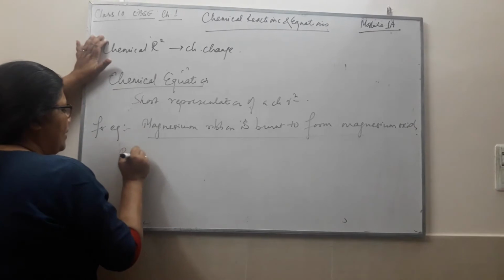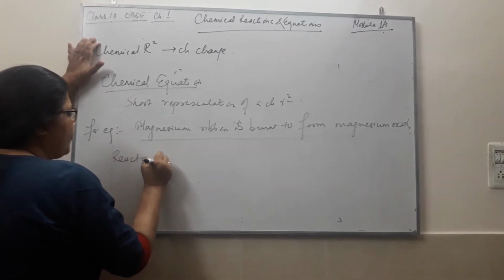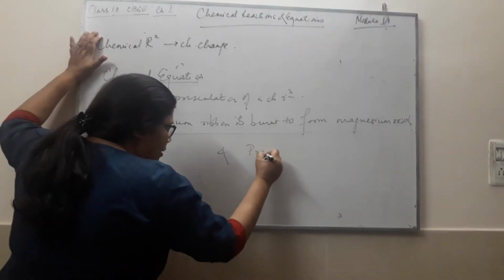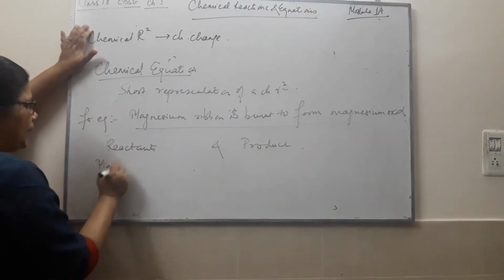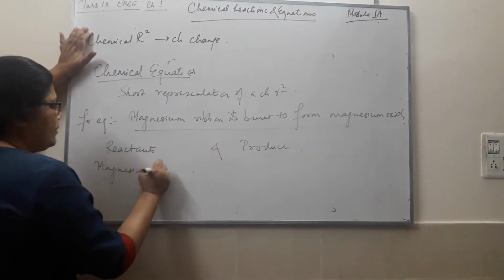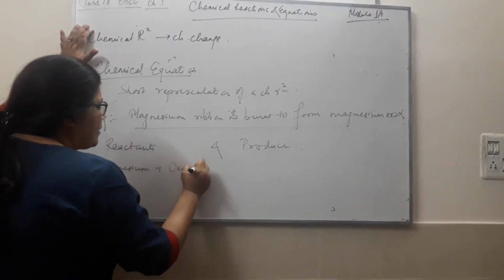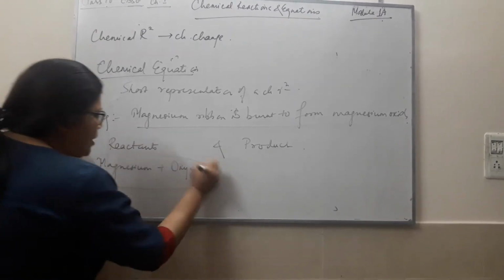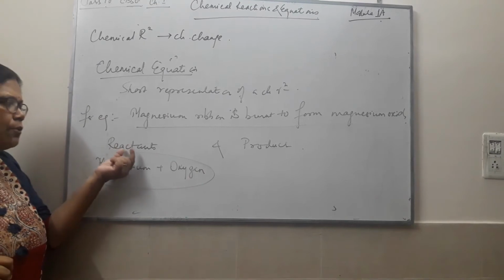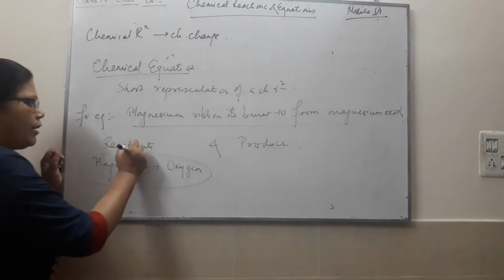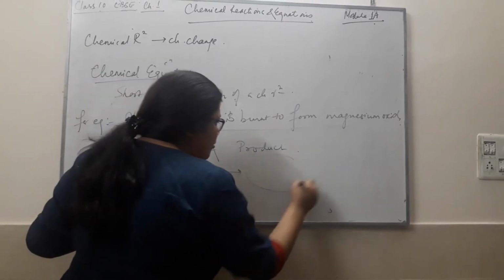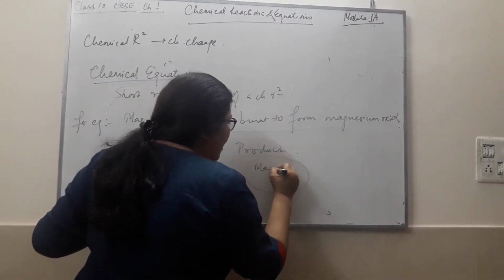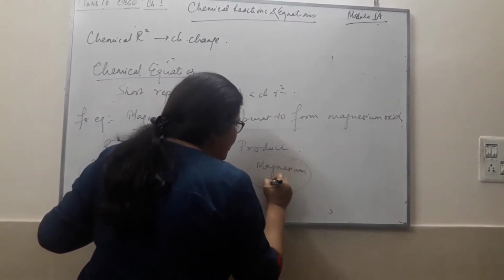There are two parts: reactants and products. Magnesium burning in the presence of oxygen, these two substances which are used are known as reactants. The product is the substance formed, that is magnesium oxide.